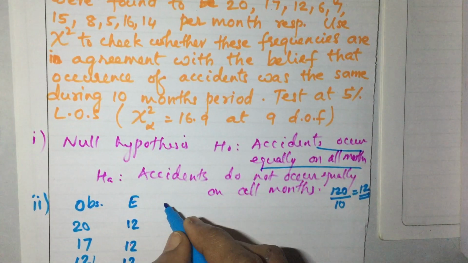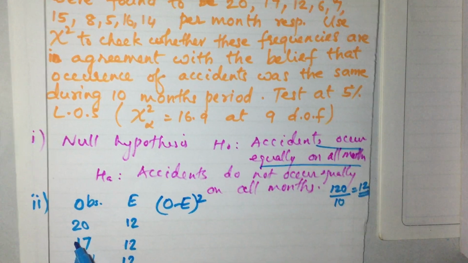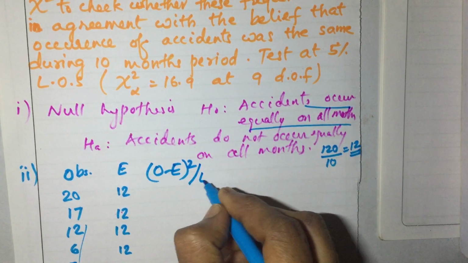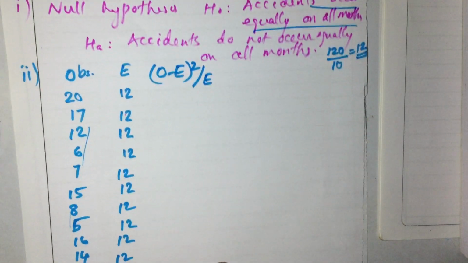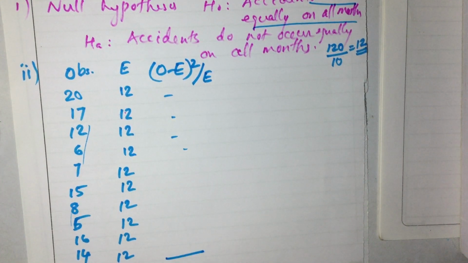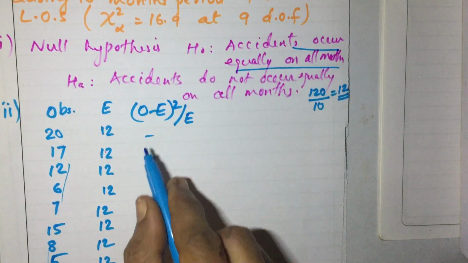Then O minus E the whole square you will find out: 20 minus 12, 17 minus 12, like that, and then O minus E the whole square divided by E. When you calculate all that, you will get this answer as 20.33. So you need to calculate that.